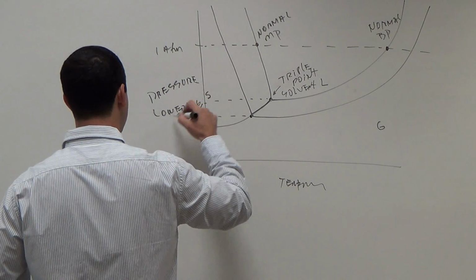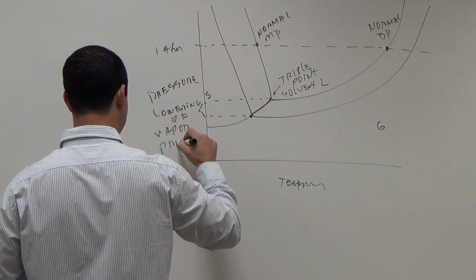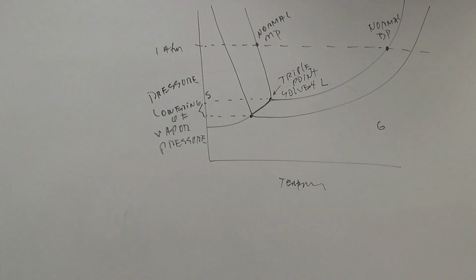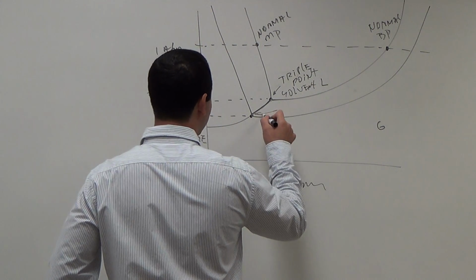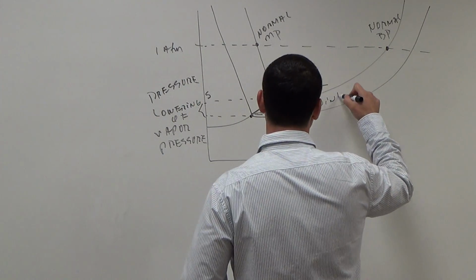And we can call this lowering of vapor pressure. There are equations for this, okay? So this now here is a triple point of what? Of the solution. Of the solution, yeah.